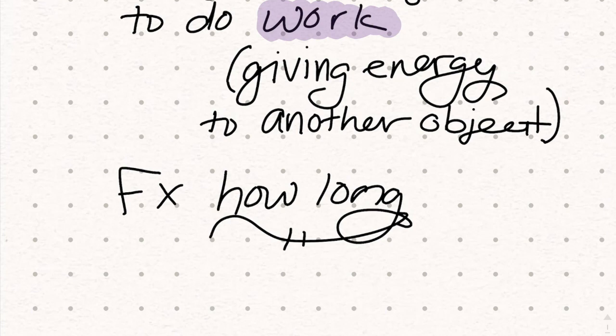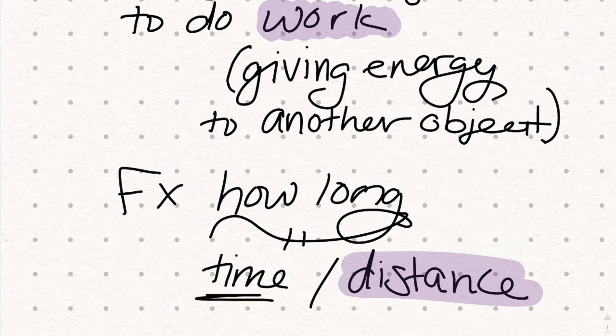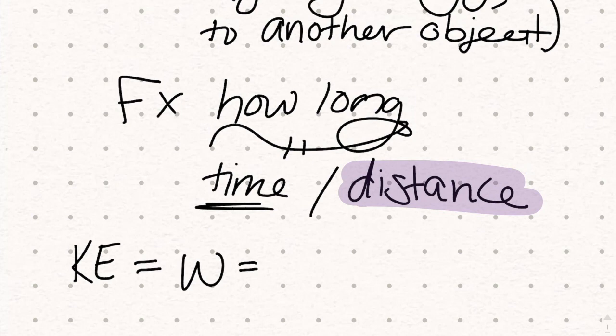How long could be time and it could also be distance. When we are talking about work, we are going to pick distance. Earlier, in our previous unit on momentum, that's when time would become important. But for energy, we deal with distance, so kinetic energy is the ability to do work, and work is the force times how long the force is being applied for. That's everything we know.